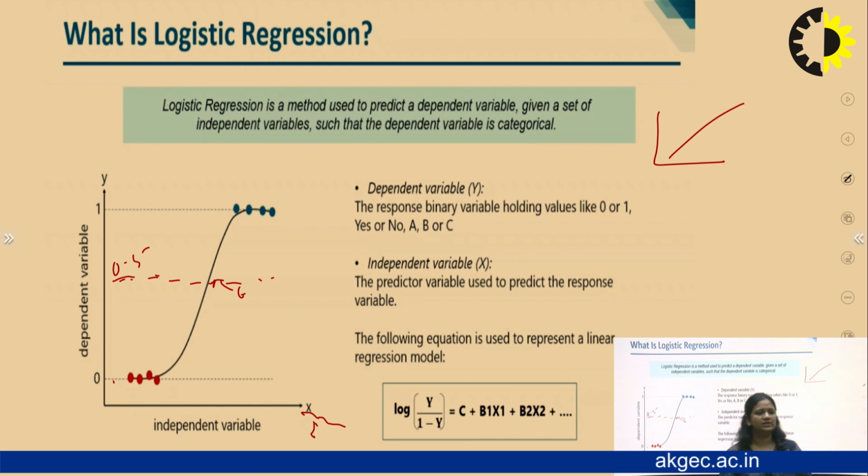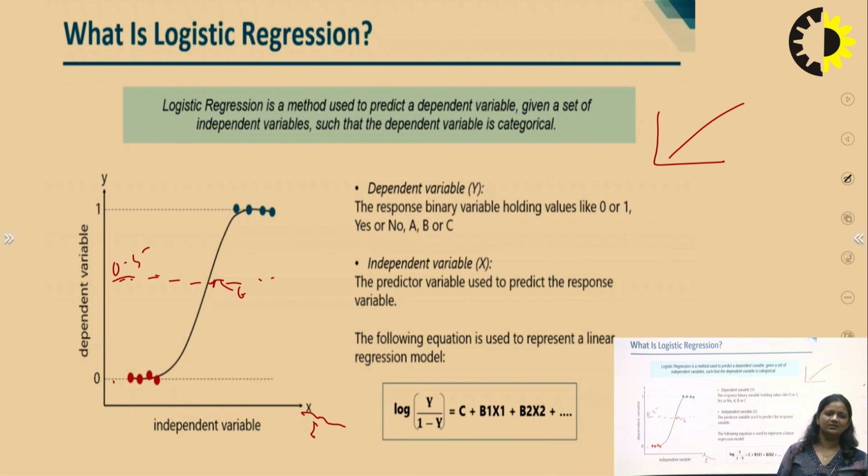If the values lie below 0.5, there is a chance the value decreases to 0, and if the values are above 0.5, the value will be 1. This is the equation we use to represent logistic regression. So the basic difference between the linear and logistic regression models is based on the equation.